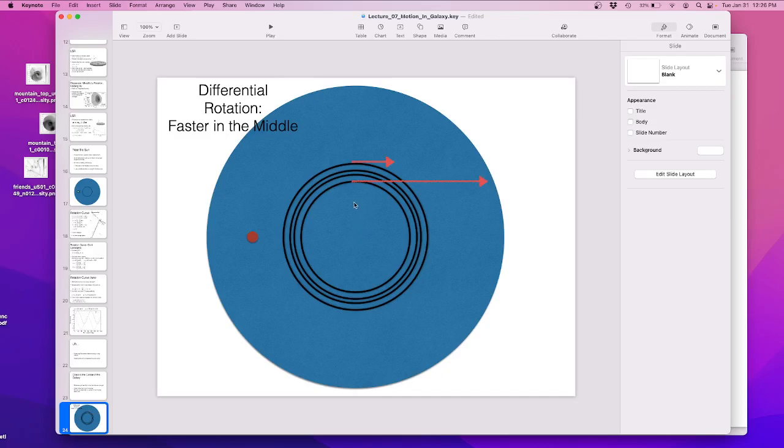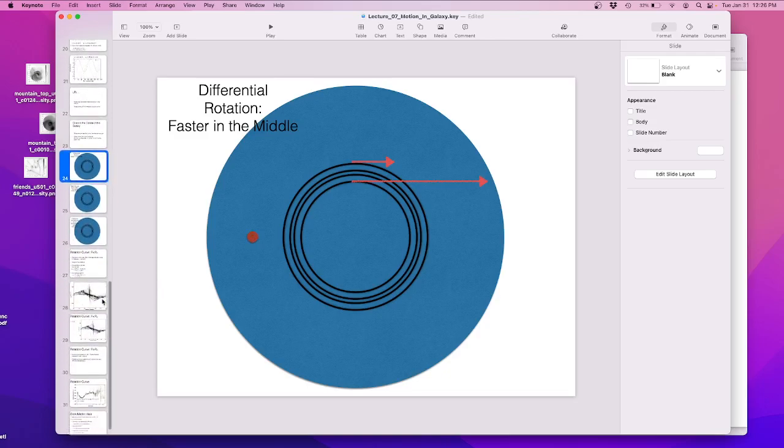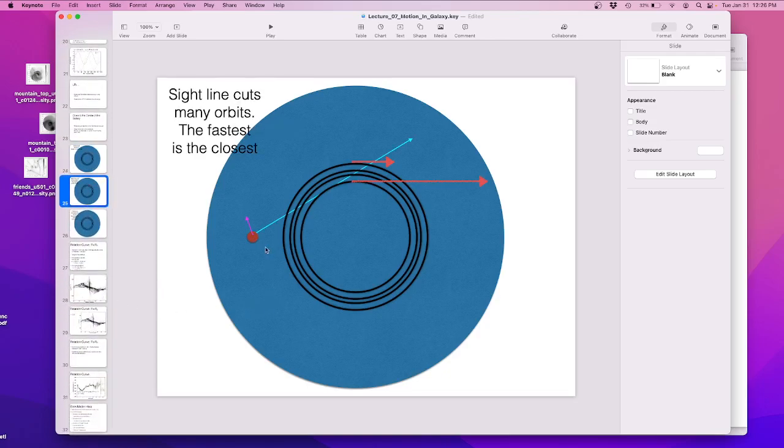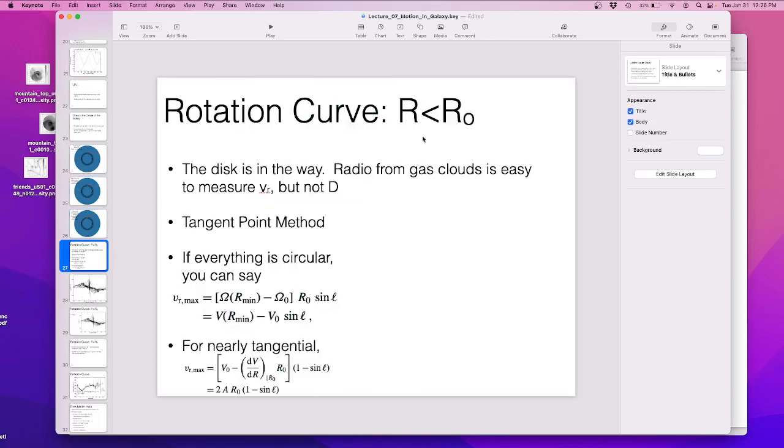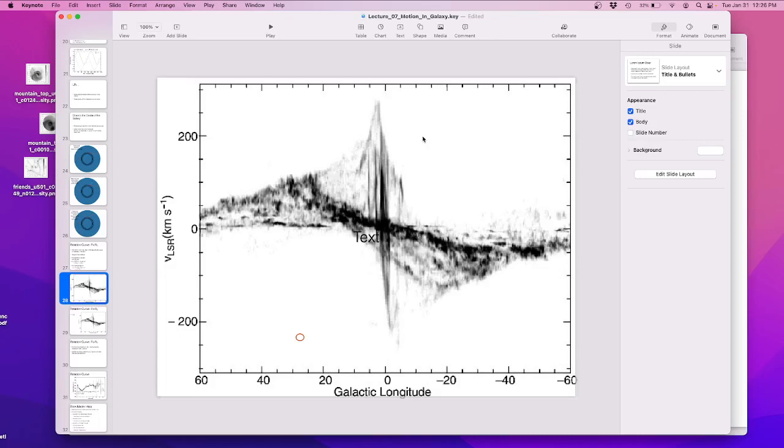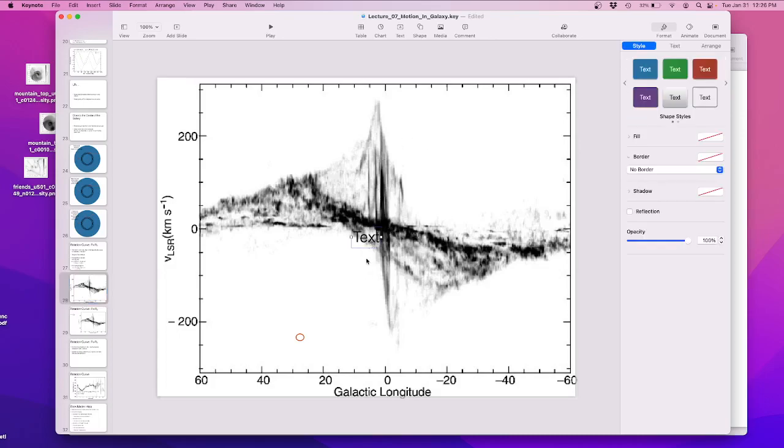And as long as it's decreasing, then I can use this trick where I draw a line out in this direction, so I'm pointing my telescope over there, and I measure the velocity of all of the things along the line of sight. So my measurement looks like this.